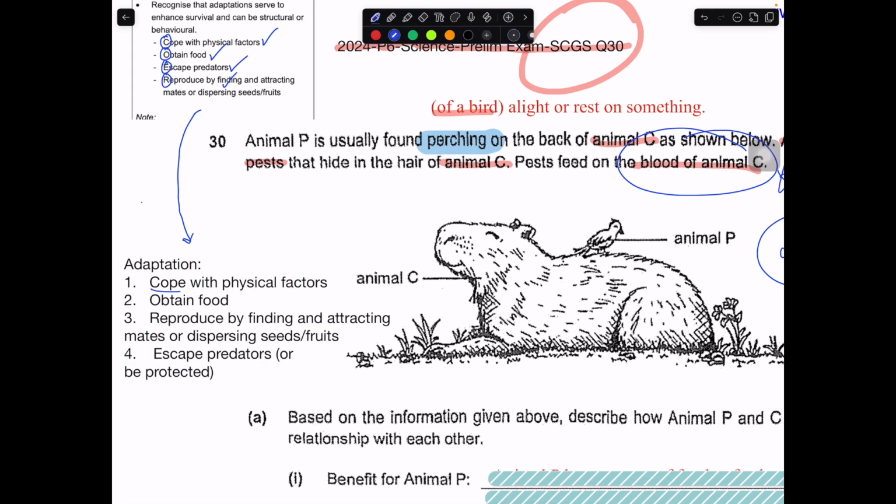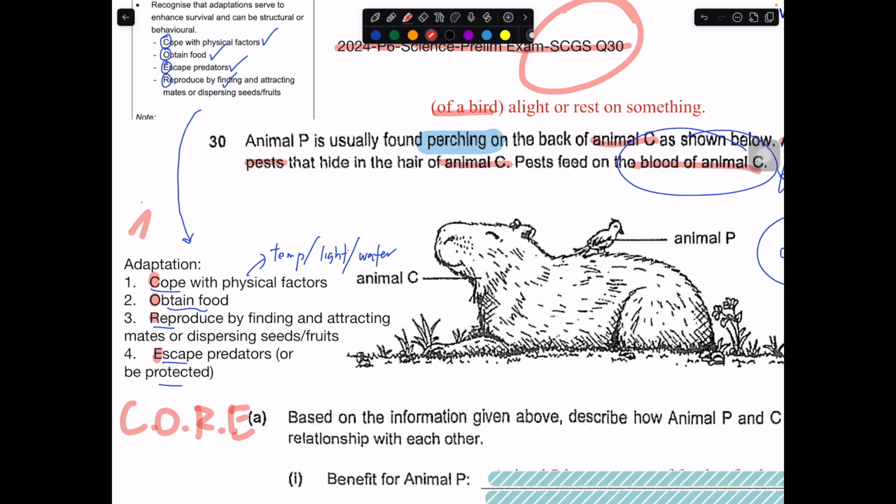Cope with physical factors, so things like temperature, light, or even limited water conditions. Obtain food. Reproduce by finding or attracting mates or dispersing seed. And escape from predator or to be protected by it. So you can see this C, O, R, E. You can remember it as CORE.